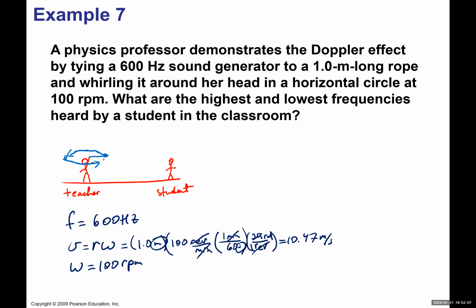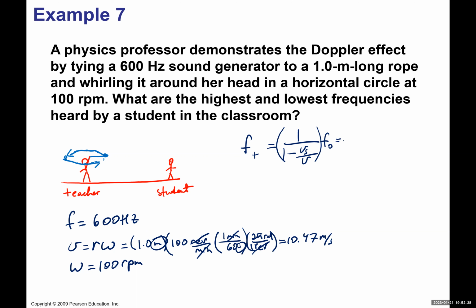All right, so applying the equations for the Doppler effect that we looked at in the previous video, the frequency when the source approaches can be calculated as 1 over 1 minus v, the velocity of the source over the velocity of sound in air, then times the original frequency.